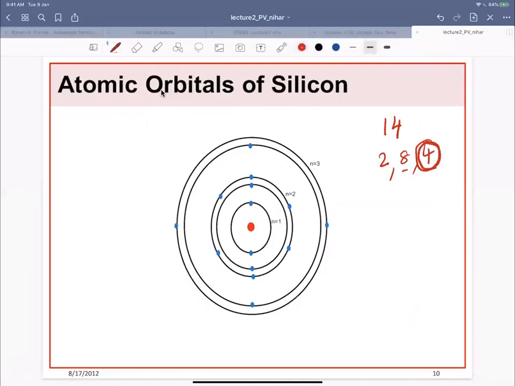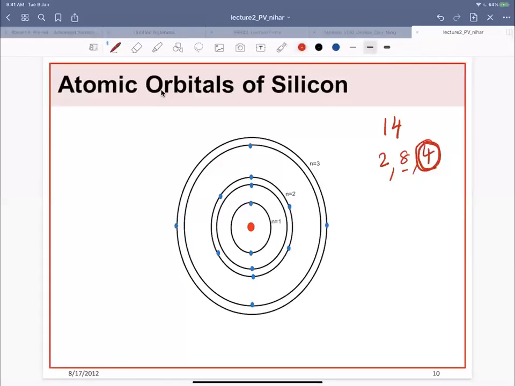So we have 4 valence electrons, and since they are in the outermost orbit, they also participate in the bonding. When I'm talking about a silicon crystal, each silicon is bonded with 4 neighboring silicons, because they form covalent bonding.